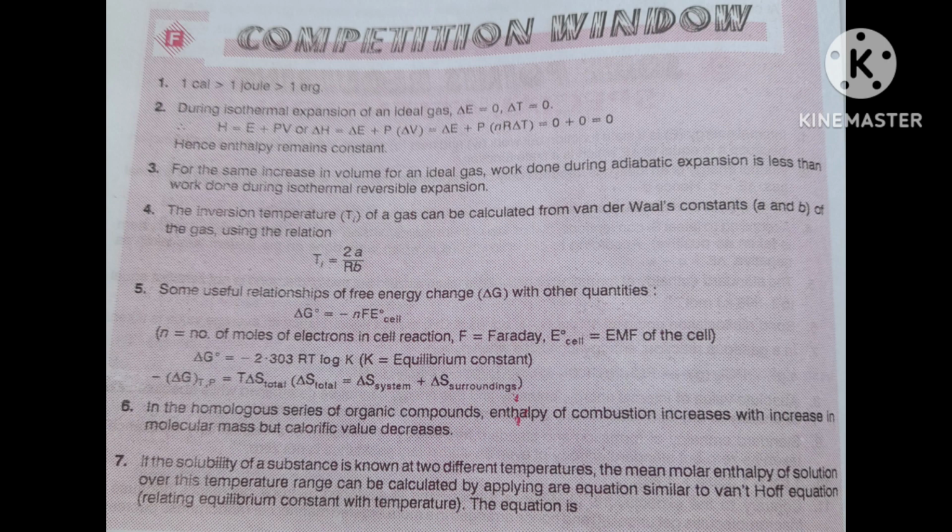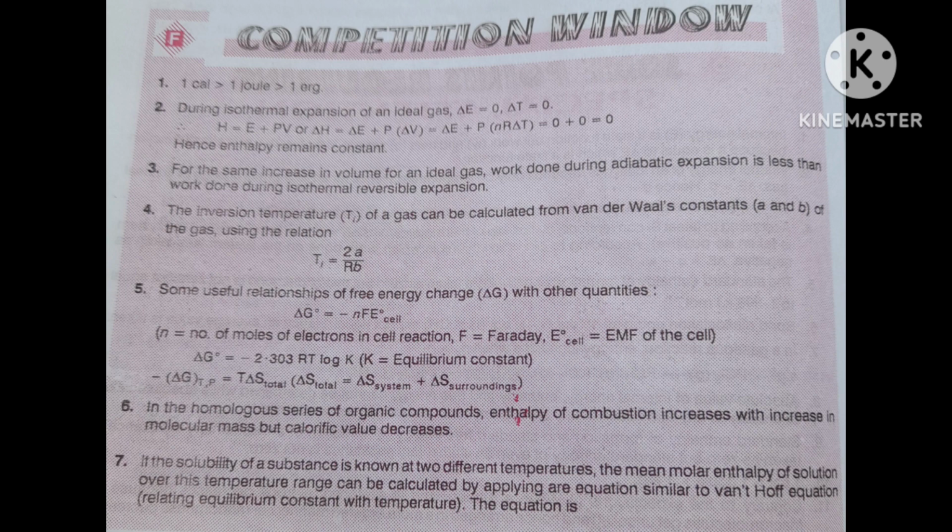Concentration means number of moles present per liter. Solubility you can tell per liter also, in gram per liter. That is the solubility. But here you can tell number of moles per liter, that is the concentration.